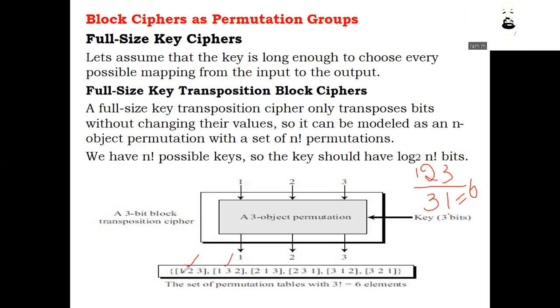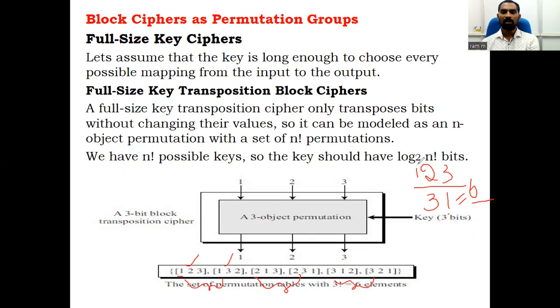That is, I am fixing the position of the first value, then I can change the second and third. In these two, I am taking 1 as the first position and the second and third are changed. Here I am taking 2 as the first position and 1 and 3 are changed. Here I am taking 3 as the first position and 1 and 2 change their positions. So in total I have 6 possible arrangements. So what should be the size of the key?